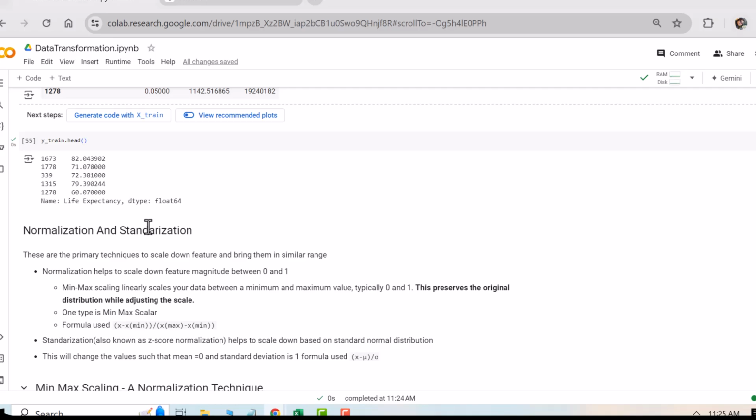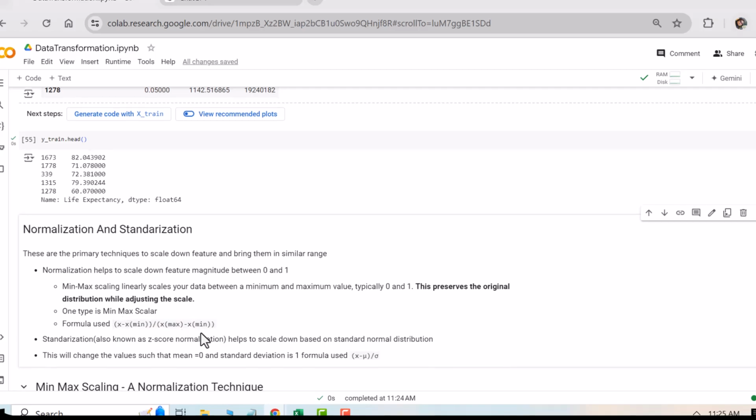How are these techniques scaling data? Using different formulas. If we look at min-max scaler, it is using this formula where for given data it is subtracting the minimum value, dividing it with the difference of the maximum and minimum value. Ultimately this brings down the current value of the data x.